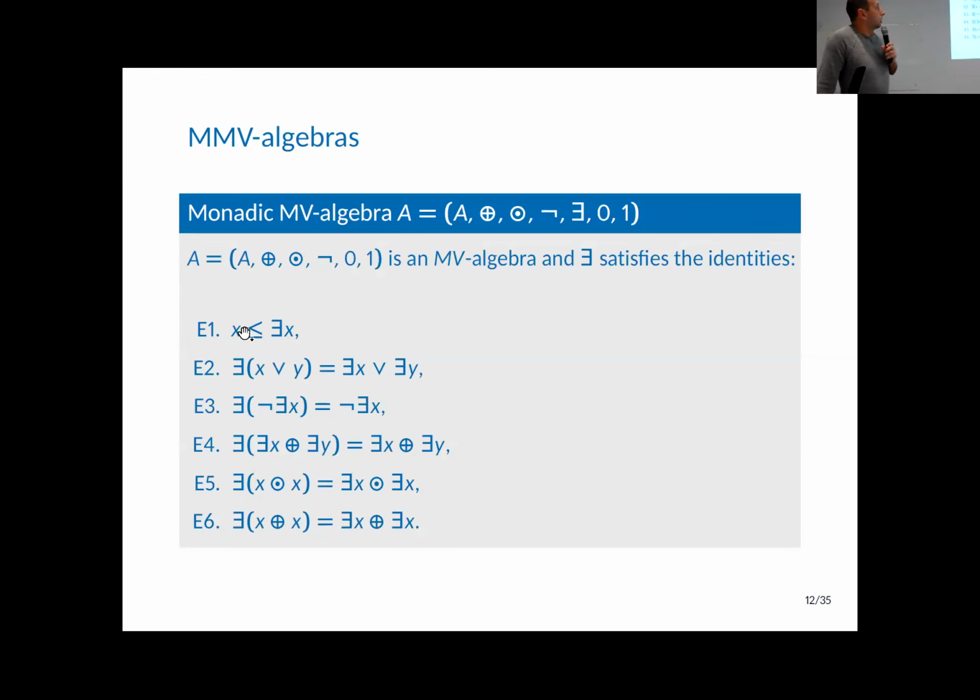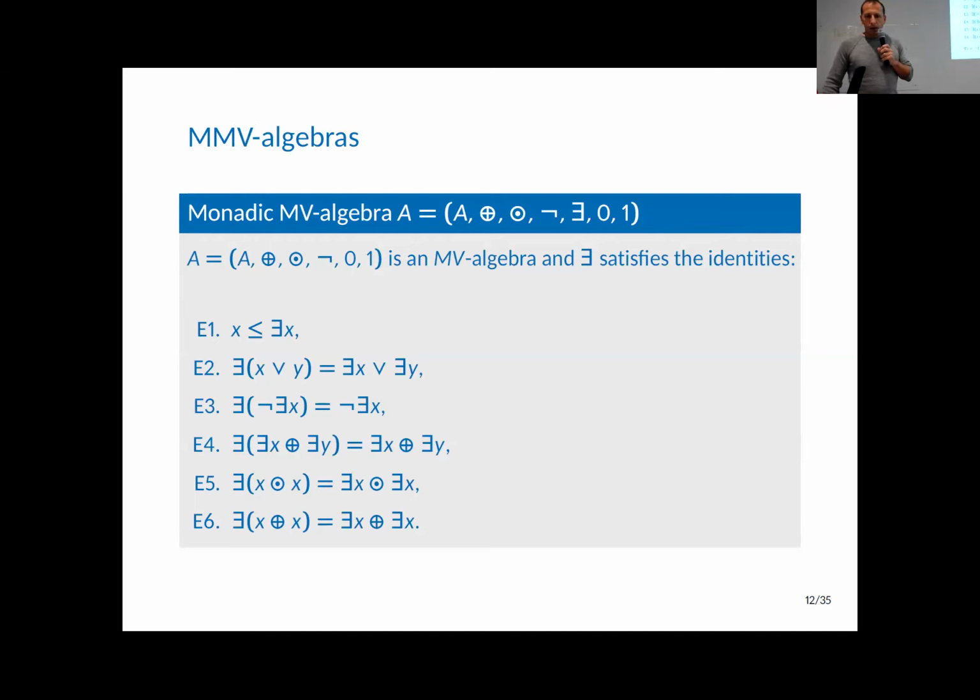Here I will also give the notion of monadic MV algebra that was given and studied by Rutledge, and that later was characterized by Grigolia, Di Nola, and others by means of pairs of an MV algebra and its subalgebra.